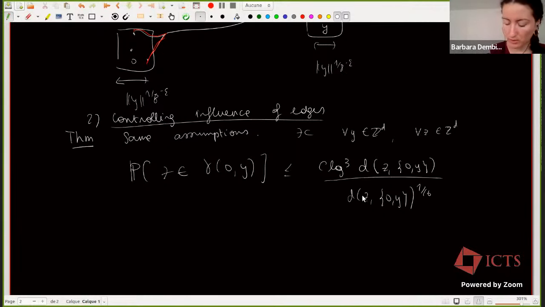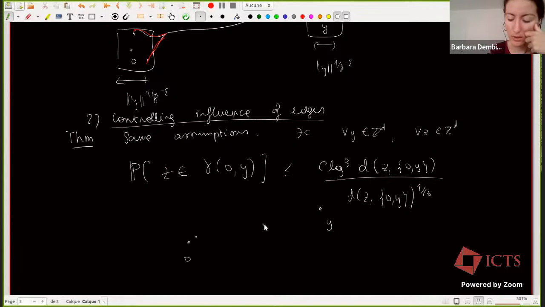So why do we have that? It's natural, like you have 0 and y. We don't make any assumption on z; z does not have to be in the bulk. If z is really close to one of the endpoints, you don't expect the probability that the geodesic goes through that point to be really small, because the closer it is to the endpoint, the larger the probability is. So this is why you have this, to account for that.